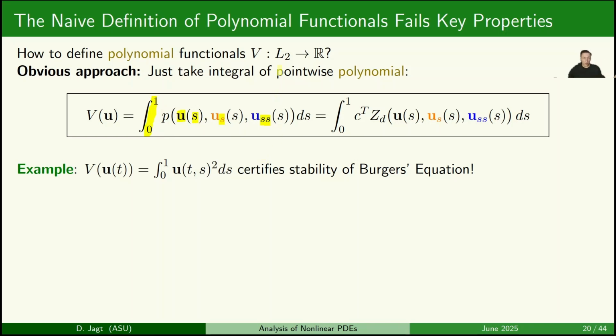So clearly, this will be a map from our function space to a scalar value, and it does appear to be polynomial. And in fact, using such a pointwise polynomial functional, we can certify stability of Burgers' equation, in particular just taking this integral of the state u squared at each point s in the domain.